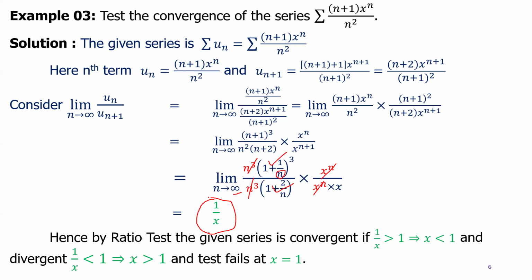So if x is less than 1 the series is convergent, if x is greater than 1 the series is divergent, but what will happen if x equal to 1? Now our aim is to check whether the given series is convergent or divergent at x equal to 1.